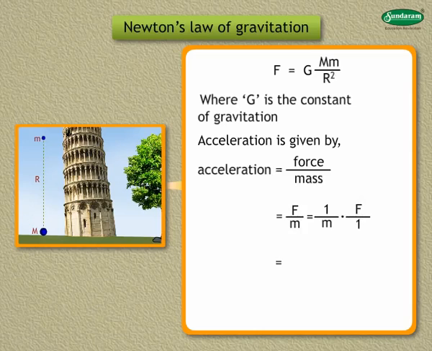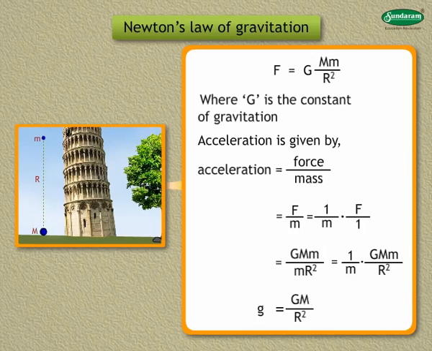Therefore, acceleration is equal to G multiplied by M multiplied by m divided by m multiplied by r squared, which is equal to 1 divided by m multiplied by G multiplied by M multiplied by m divided by r squared. Therefore, acceleration g is equal to G multiplied by M divided by r squared. This is called the acceleration due to gravity.